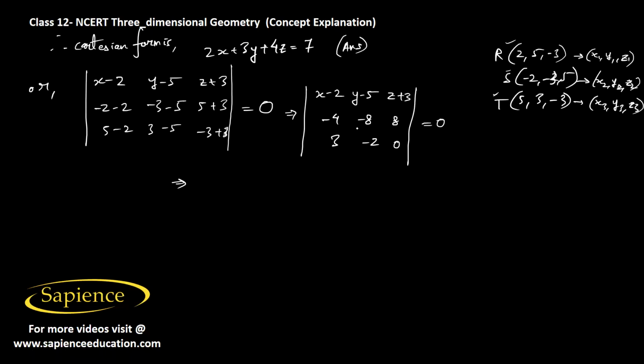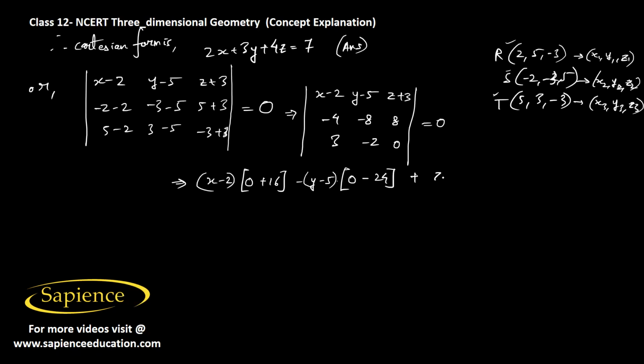So if we expand this determinant along the first row, then it will be x minus 2 into minus 8 into 0, 0 minus of minus 16, so it is plus 16. Then minus y minus 5 into, this will be minus 4 into 0, that is 0, then minus 3 8s is 24.